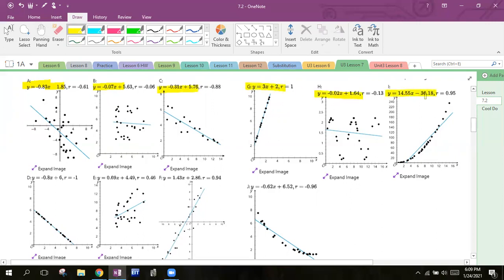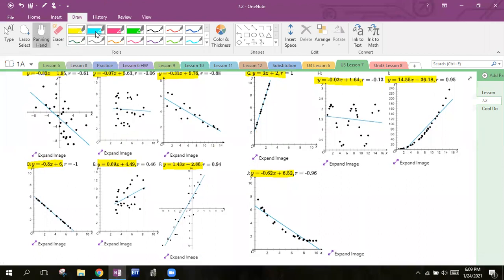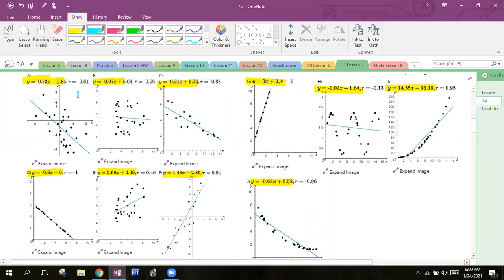So now you can see the line of best fit going through each one of the graphs that we just looked at, A through J. And then it gives us another piece of information. It gives us this R. And now I do not want you to confuse this R value with a residual. Okay, this R value actually represents the correlation coefficient.